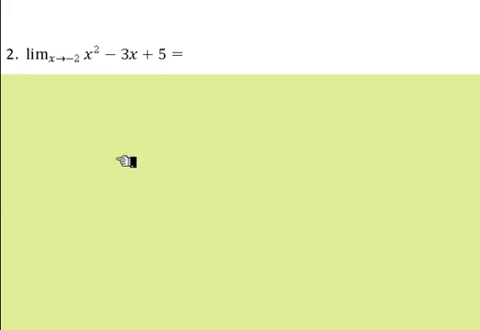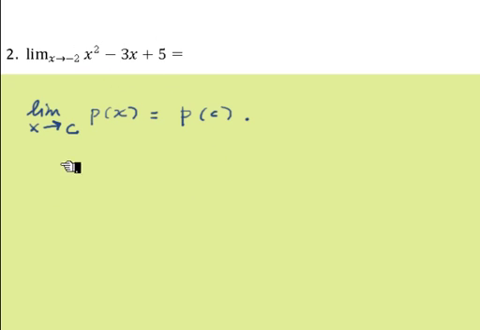In number 2, we're looking at the limit as x goes to minus 2 of this function. Well, this is a polynomial. x squared minus 3x plus 5 is a polynomial. So we know that the limit as x goes to any value of a polynomial is just obtained by substituting in that value.